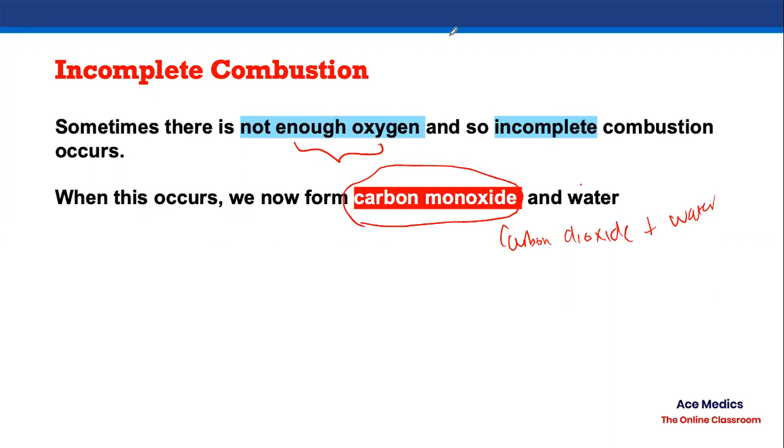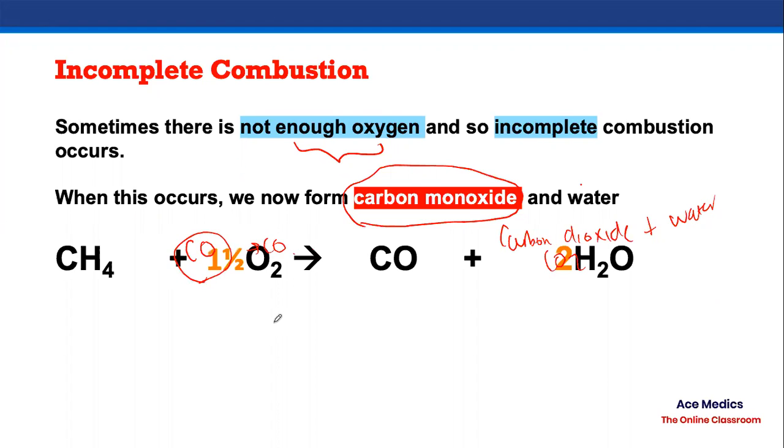Does anyone know the formula for carbon monoxide? It's a kind of difficult one, so if you get it, I'll be very impressed. CO, excellent. So carbon dioxide, as we said, is CO2. Carbon monoxide is CO.